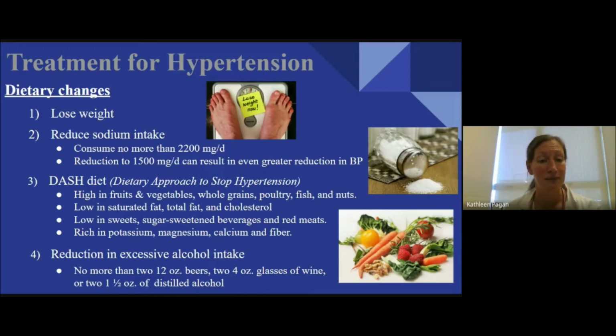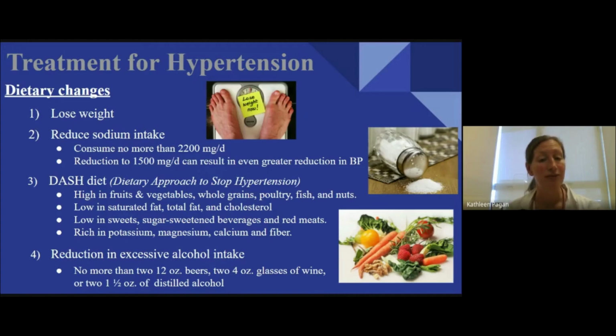Other nutritional guidelines, the DASH diet is a dietary plan that is supportive of a low blood pressure. So lots of fruits and vegetables, whole grains, poultry, fish, nuts, those types of food tend to be high in potassium and magnesium, which can lower blood pressure.